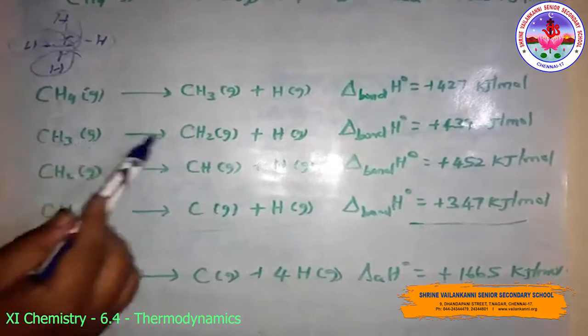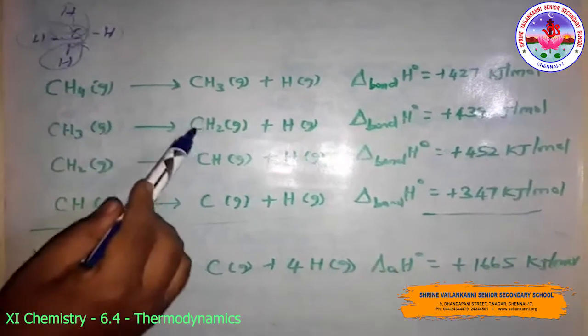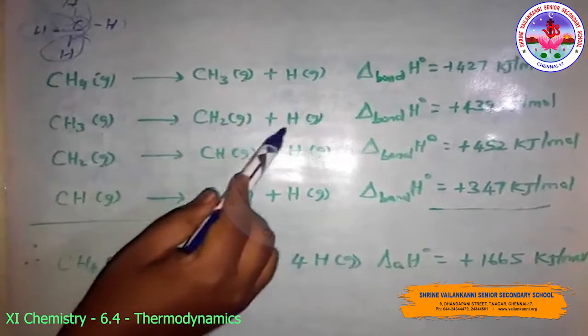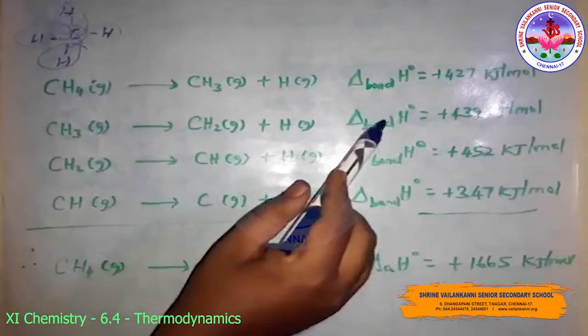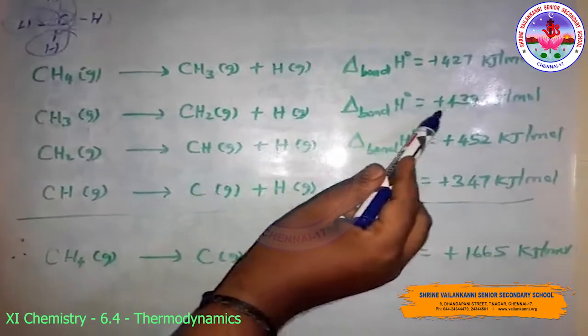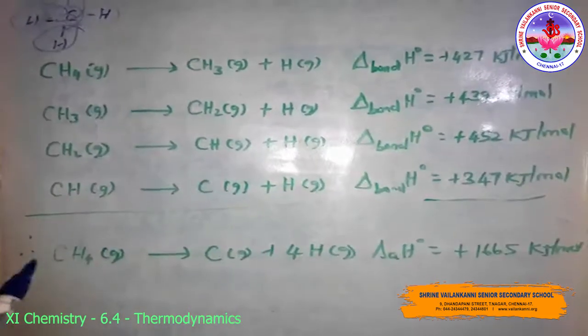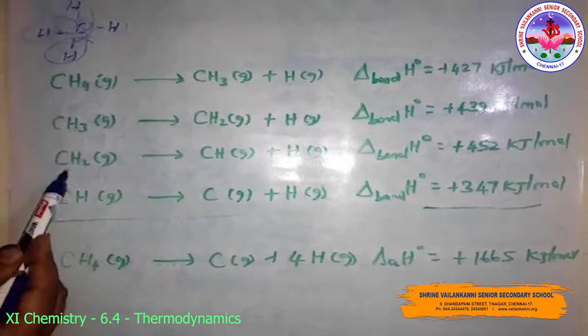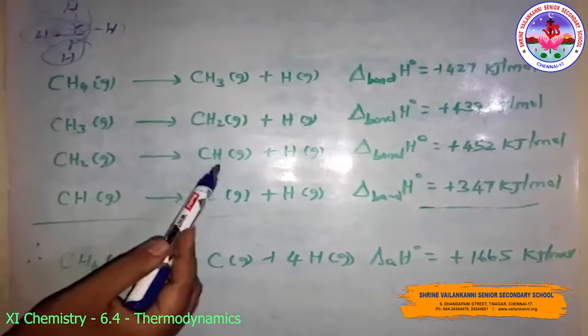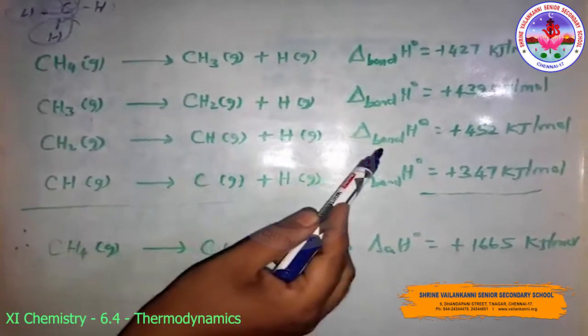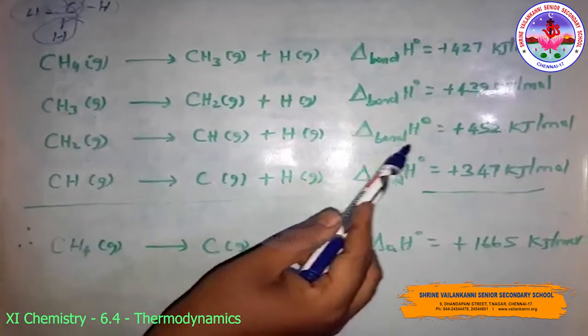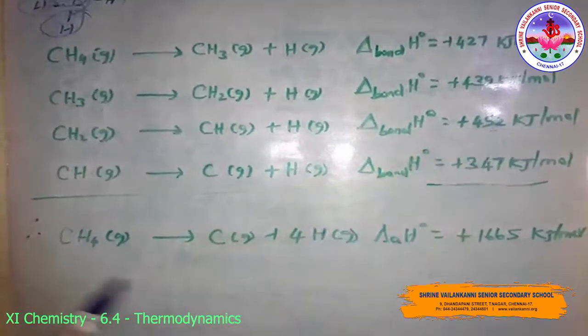Again, the CH3 gas dissociates into CH2 gas plus H. Then the bond dissociation enthalpy is plus 439 kilojoule per mole. Similarly, CH2 gas gives CH gas and H gas. The bond enthalpy is plus 452 kilojoule per mole.